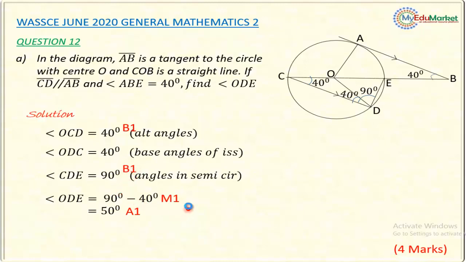Then the next mark is the method mark for attempting to subtract this from this. And for subtracting accurately to get exactly 50 degrees, you have the accuracy mark, A1. So in total, 4 marks are allocated to this question in the official WAEC marking scheme.